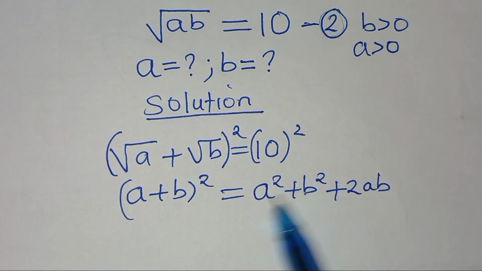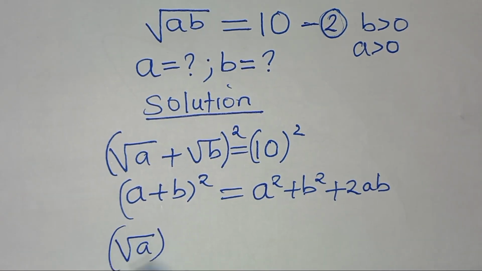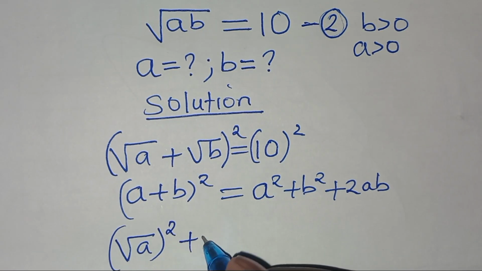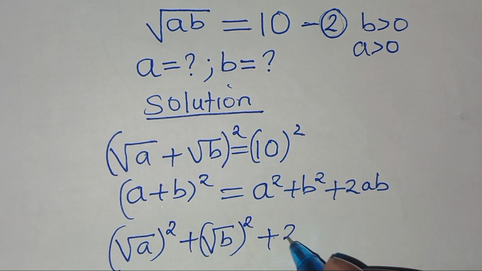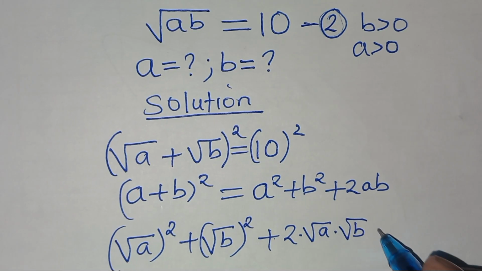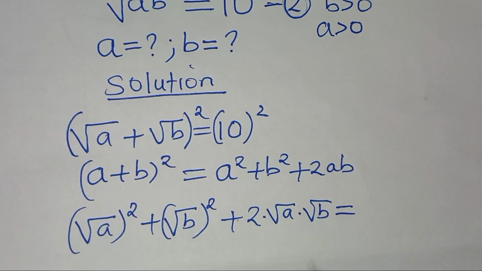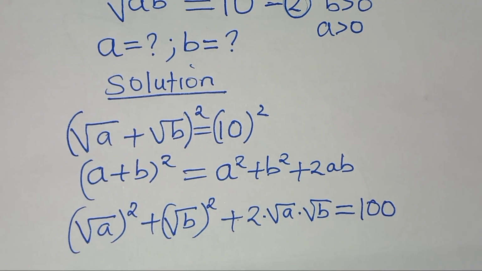Applying this algebraic identity, here we'll have (square root of a) squared plus (square root of b) squared plus 2 times square root of a times square root of b. This is equal to 10 squared, which is essentially equal to 100.